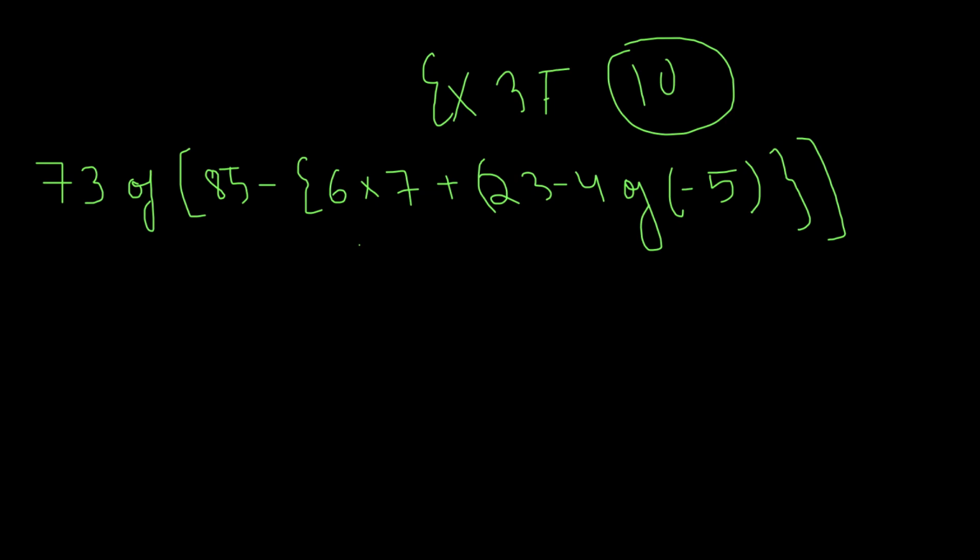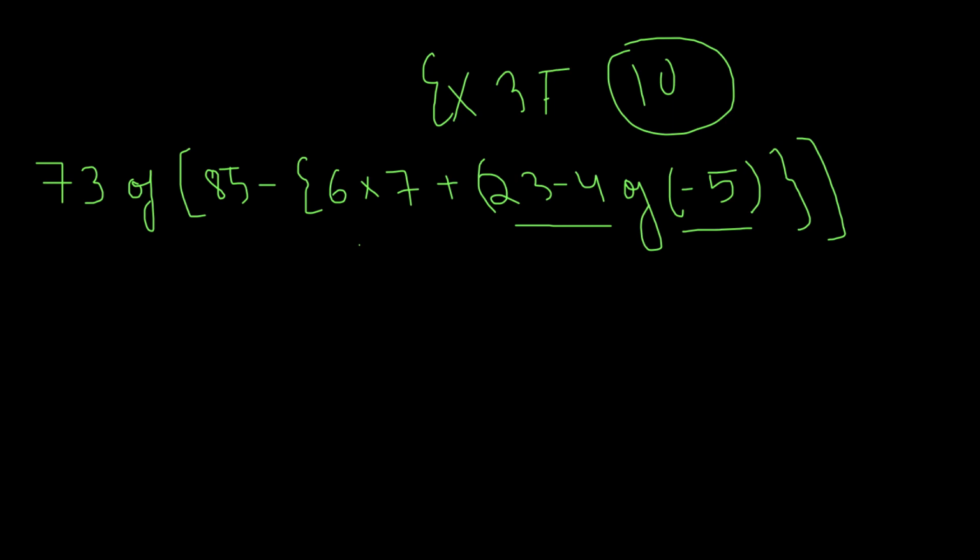Now we'll be starting from the very inside of the bracket. Here we have 23 minus 4 of minus 5, so we will solve this part first.